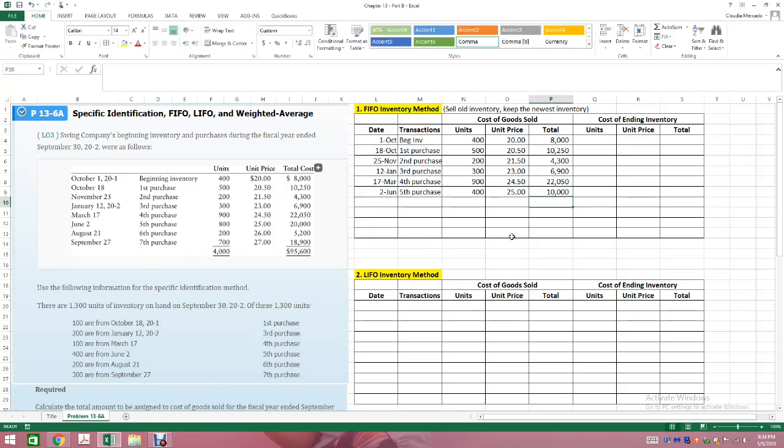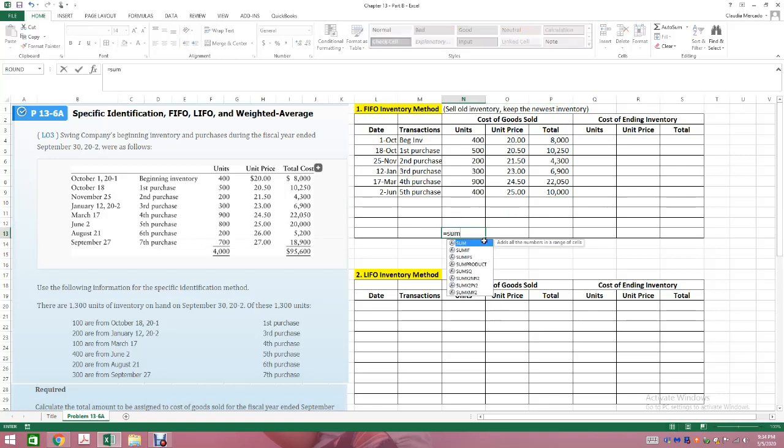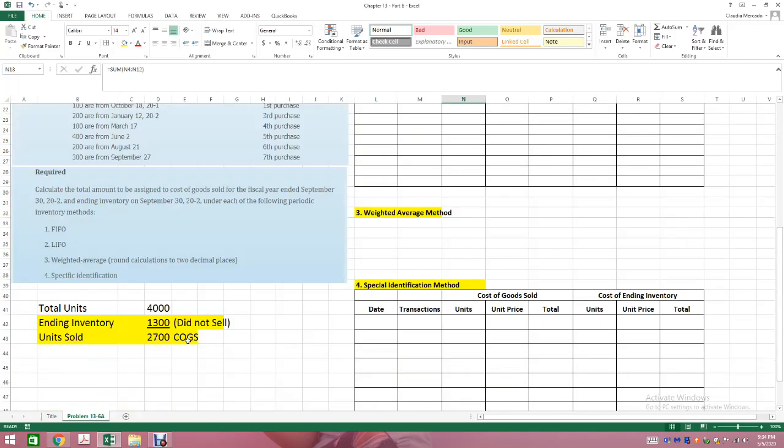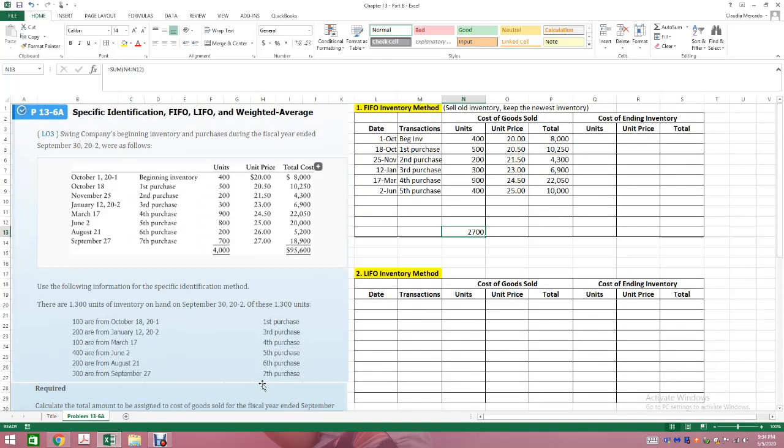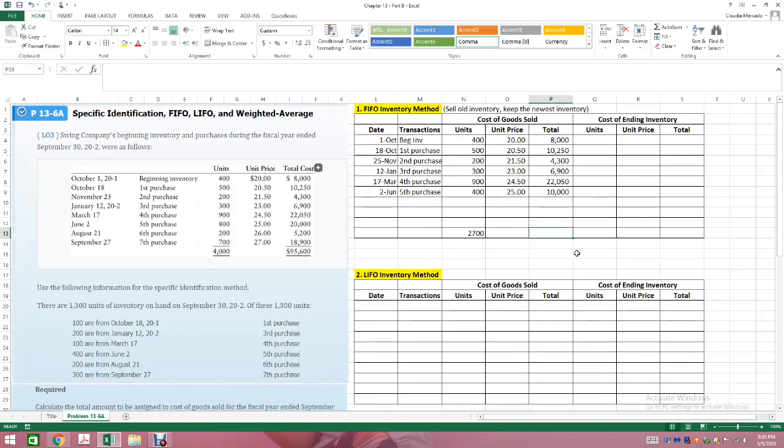Now, up to that point, if I add my column here for units, that should give me 2,700 units. Those 2,700 units are my cost of goods sold. Those are the units that I sold. So now I can get a total for how much the value of those units are.